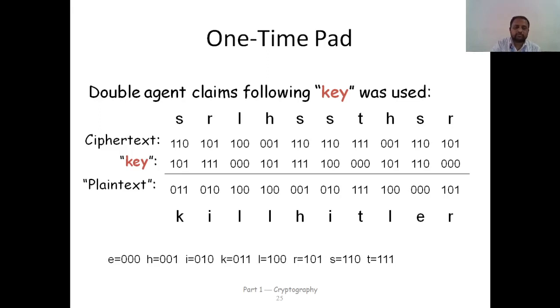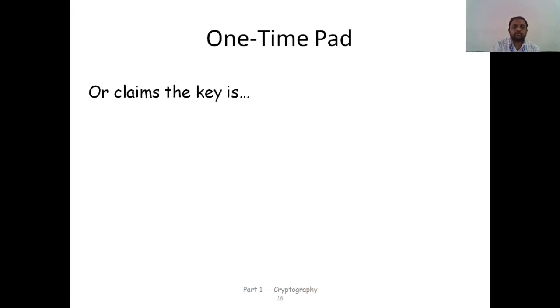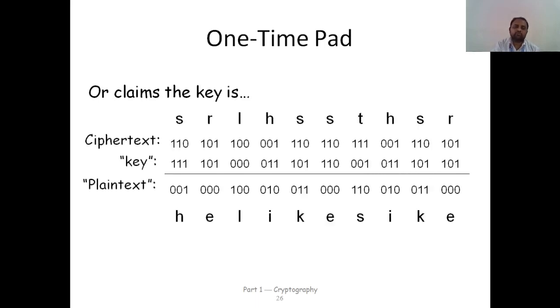Again for this, the agent has to use the same letters, that is E, H, I, K, the same letters. Or one more possibility, he claims another key. One more try: you can see it starts with 110 and something else, and what he gets from that output is HELI, KESI, something different.